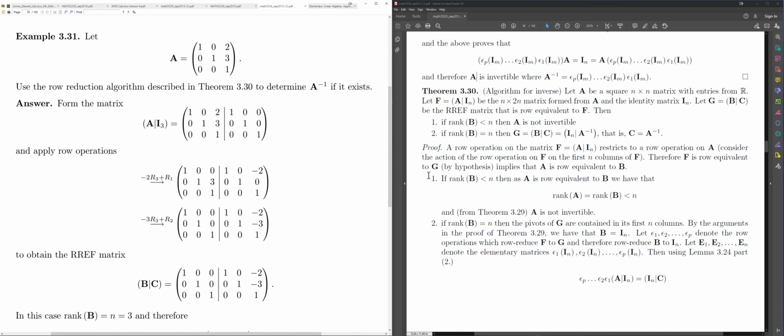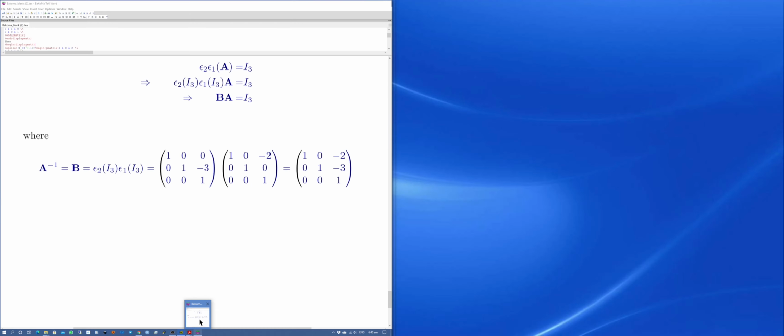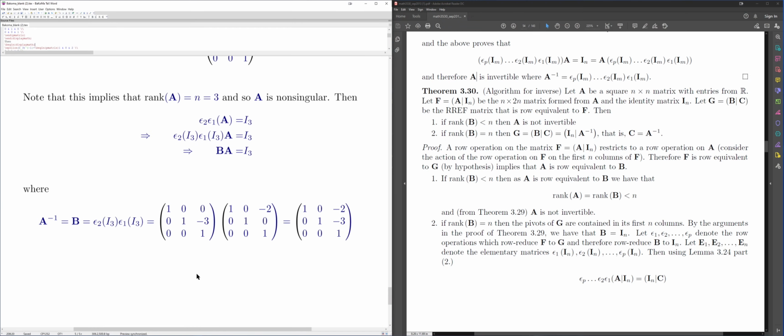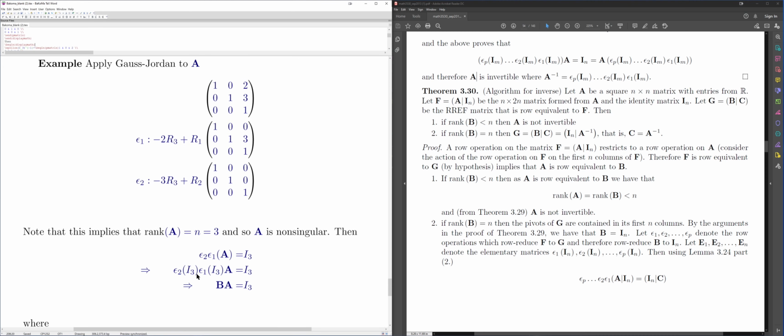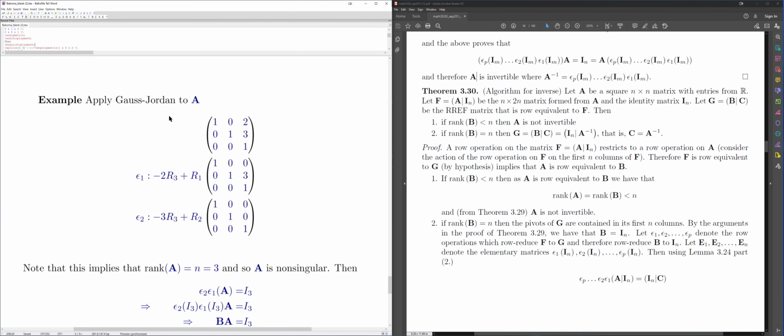Alright, so let's look at an algorithm for getting the inverse of a matrix by using row operations. That's theorem 3.30. The method is illustrated by the example that I just did. You have a matrix A, and you apply row operations to it.